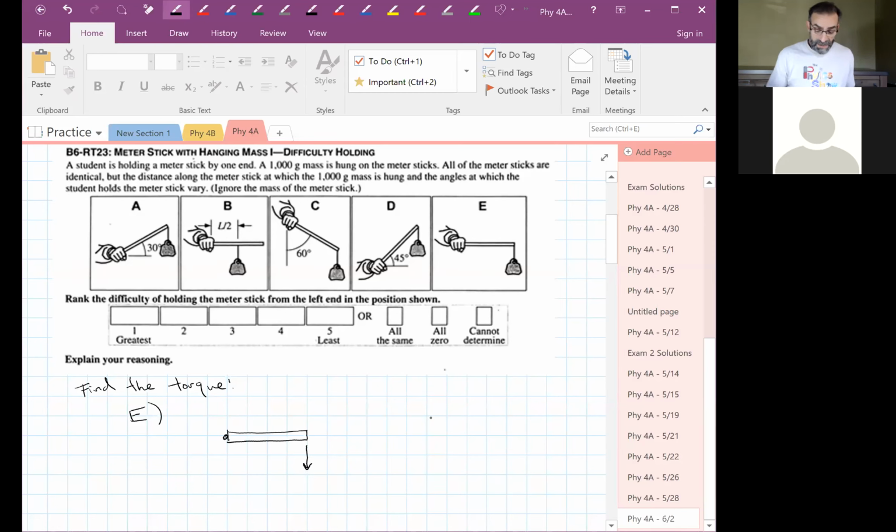There's my free body diagram. Torque is force times lever arm, right?